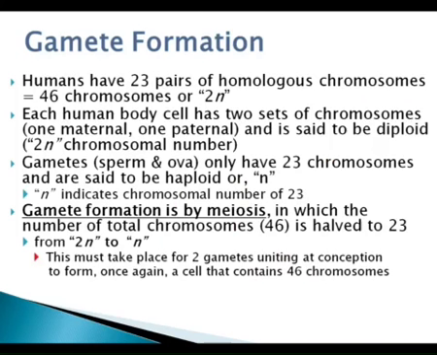Okay. 2 haploid cells in meiosis 1, and for meiosis 2 it changes to 4 haploid cells.